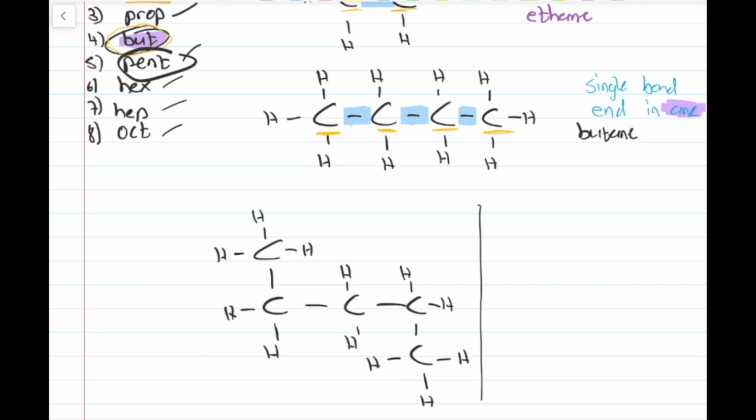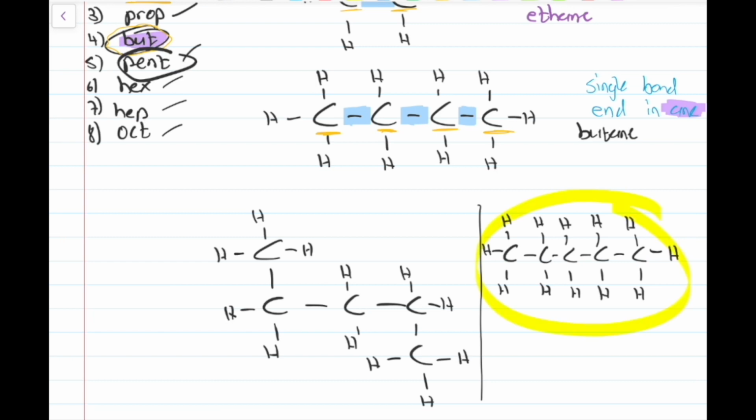Now, whether I draw pentane in this weird shape that I've done, or like this here, 1, 2, 3, 4, 5, and I fill in the hydrogens, you'll see that even though it looks slightly odd, all that has happened is that it was bent slightly. The actual organic compound was bent into this particular shape, but it's still the exact same thing.